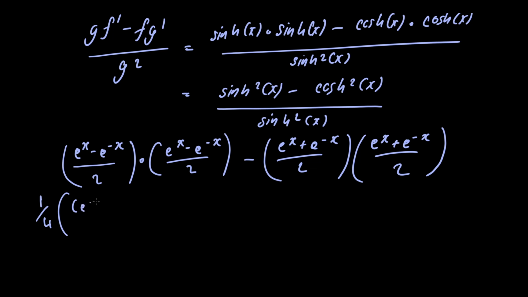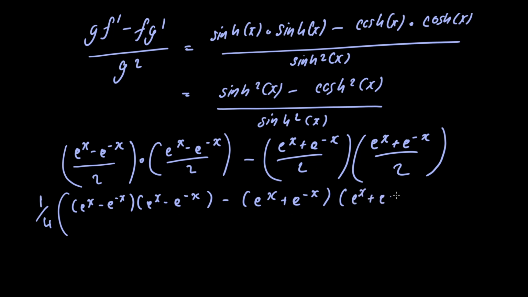And we're just left with e raised to x minus e raised to minus x multiplied by itself, minus e raised to x plus e raised to minus x multiplied by itself again. So we're just going to go ahead and multiply out everything in these brackets here.